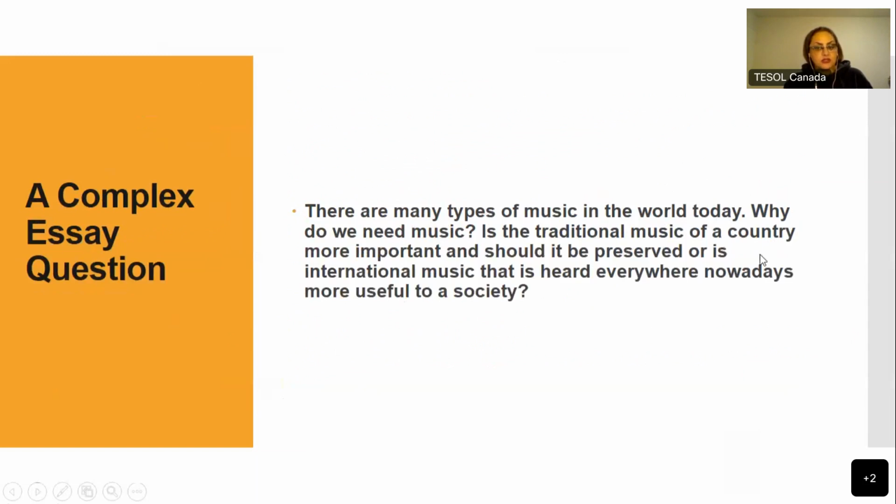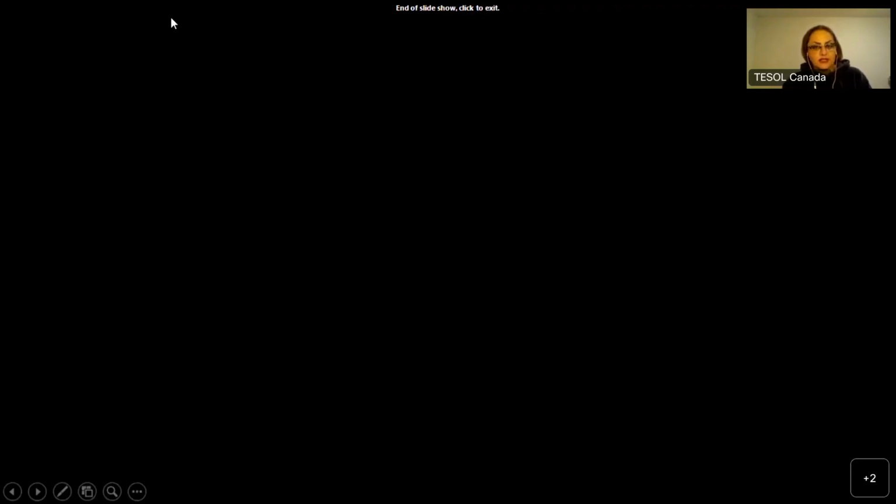Is the traditional music of a country more important, and should it be preserved, or is international music that is heard everywhere nowadays more useful to society? You see, these are different examples. You can find them in the IELTS Cambridge books that we talked about last session. So there are samples of the exam. You can easily find different kinds of questions or different samples.